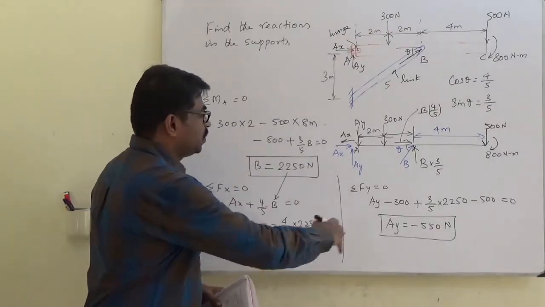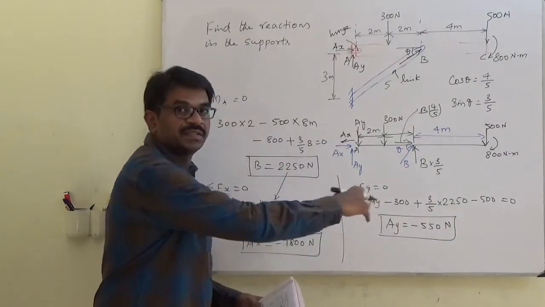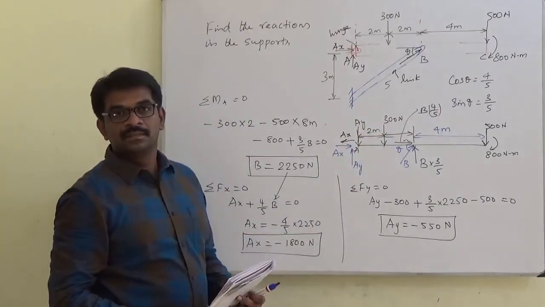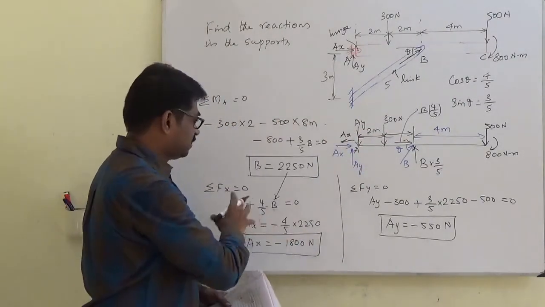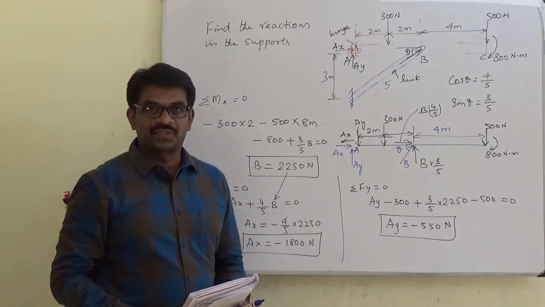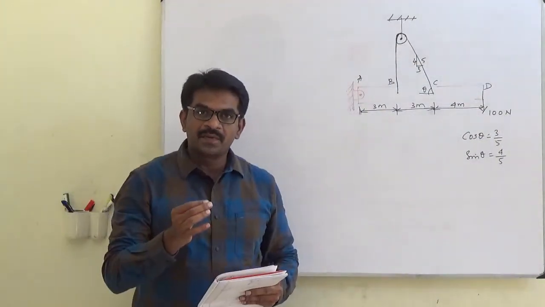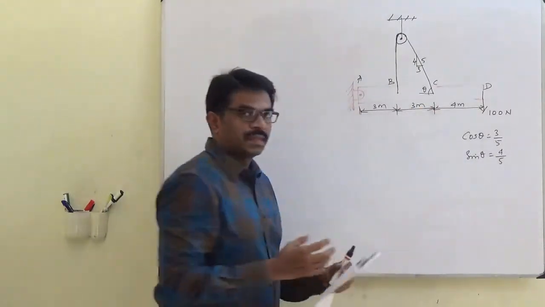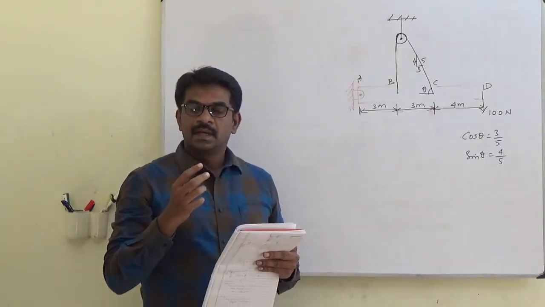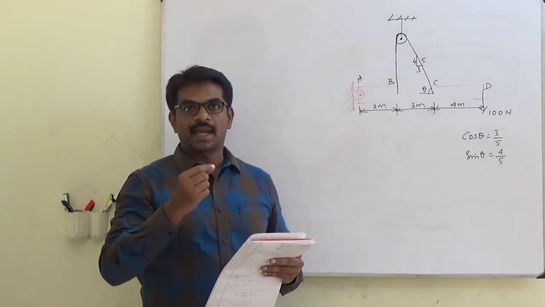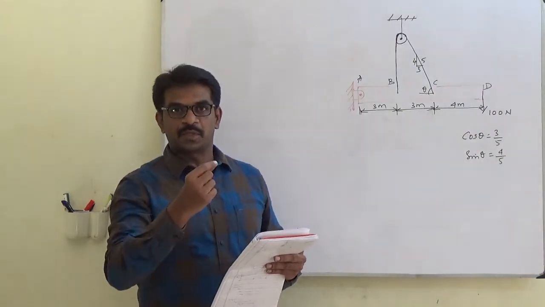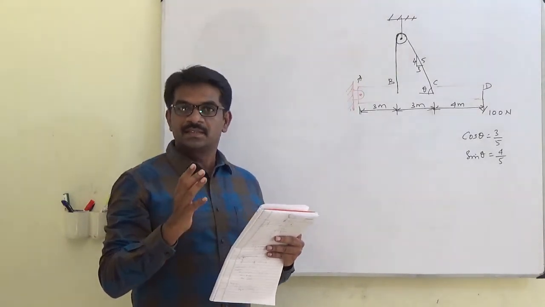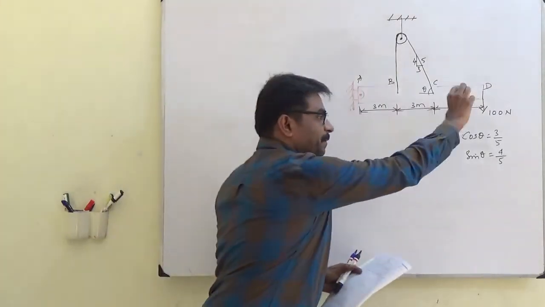So we are able to use the three equations for a planar rigid body problem, and we are able to obtain the three reactions. Like our previous problem, here also you see there is a beam. In the previous problem, there was a hinge support and a link support, and the body of concern was the beam.